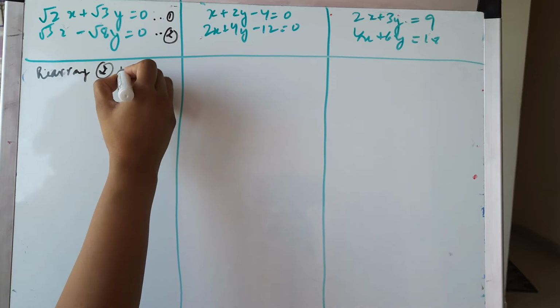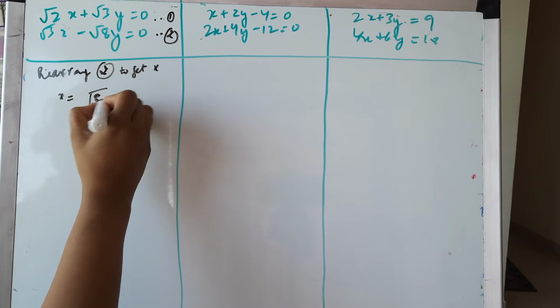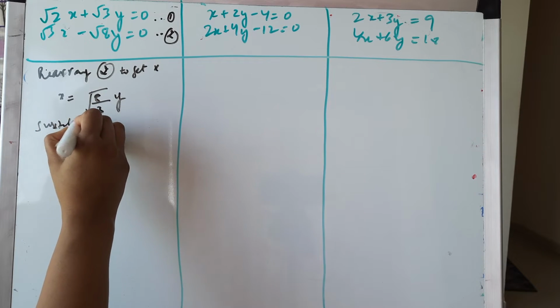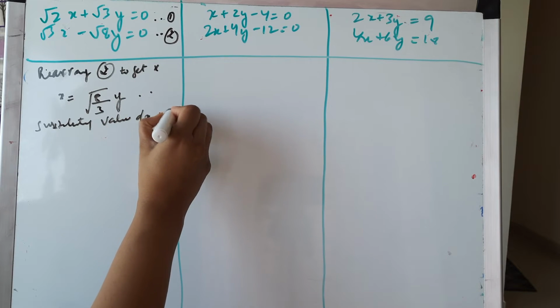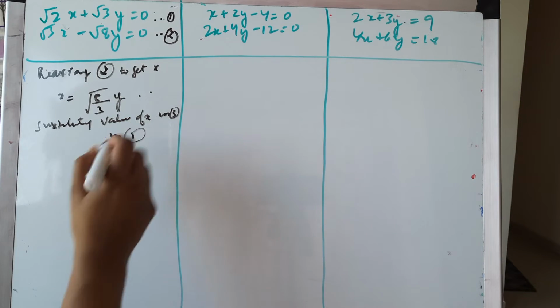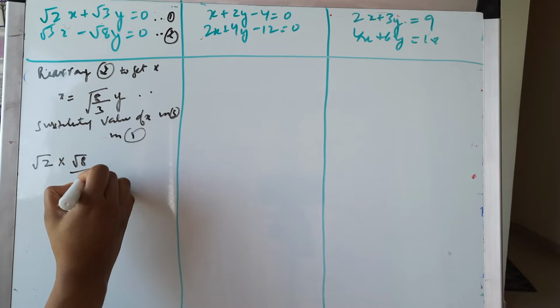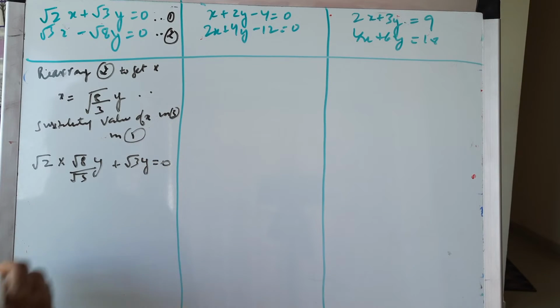Rearranging 2 to get x, so x will become root 8 by root 3 y. Substituting the value of x in 3 in 1, right? So when we substitute here, it becomes root 8 by root 3 y plus root 3 y is equal to 0.